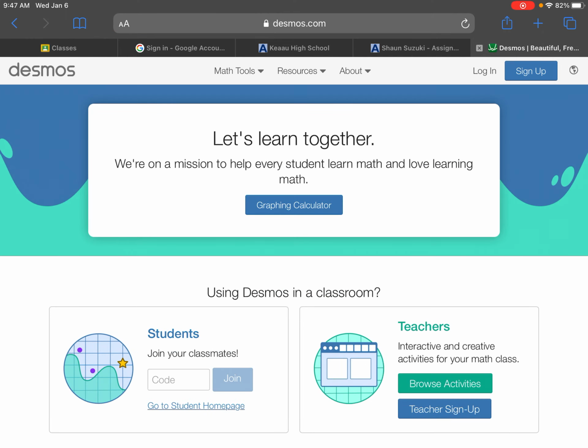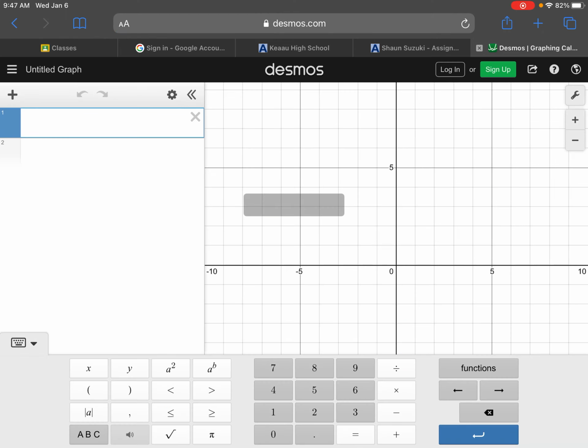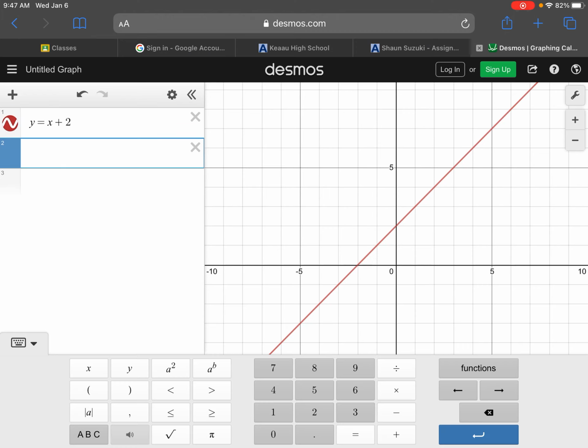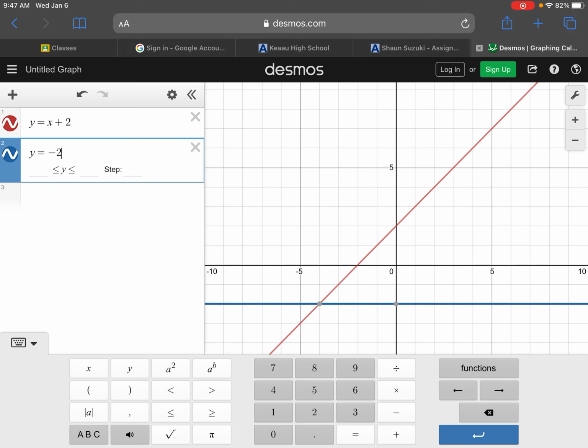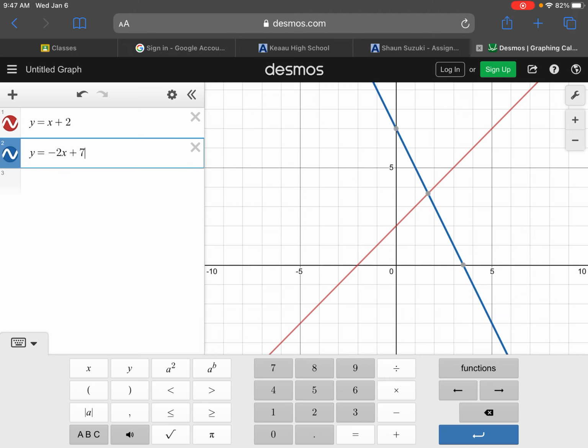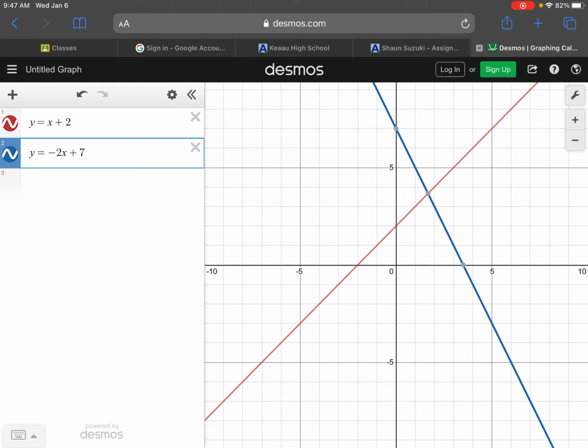It's the same idea. So you would do y is equal to x plus 2, hit enter, and then we do the second one, y equals negative 2x plus 7, and what we're looking for is where these two lines intersect.